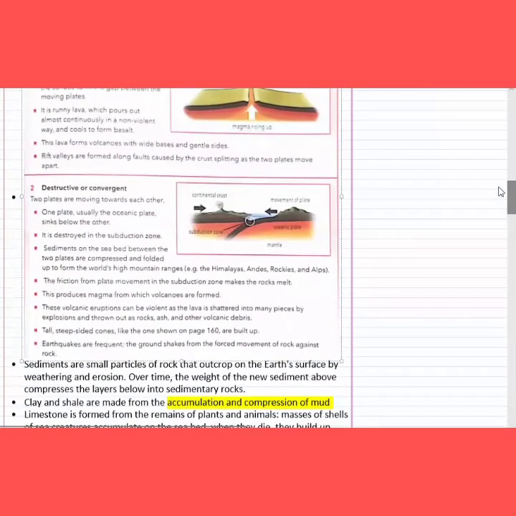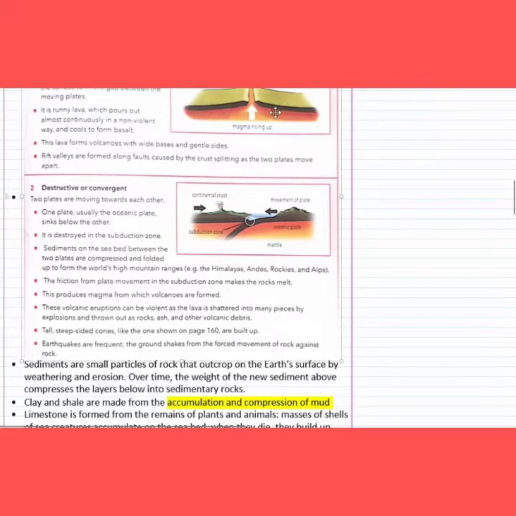Then if you move on to destructive plate movement, this is a little more detailed and you need to know about it. If we talk about the structure of the earth, we have 70% water and 30% land, so we have two types of plates: continental plate and oceanic plate.